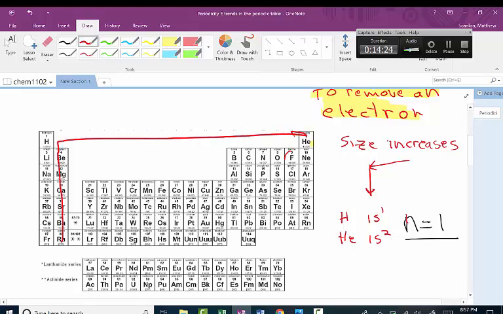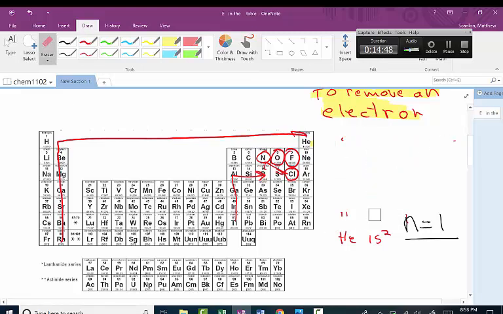And so we expect fluorine to be the most electronegative, then oxygen is next, and nitrogen, then chlorine. Chlorine and nitrogen are about the same. And so in general, as you go up and over, the electronegativity increases.